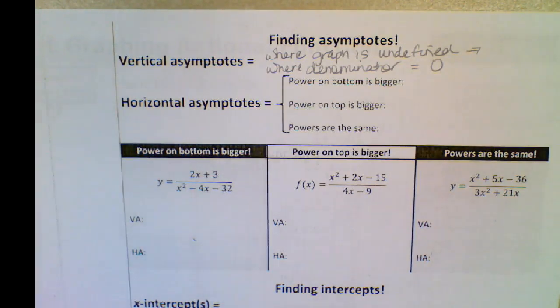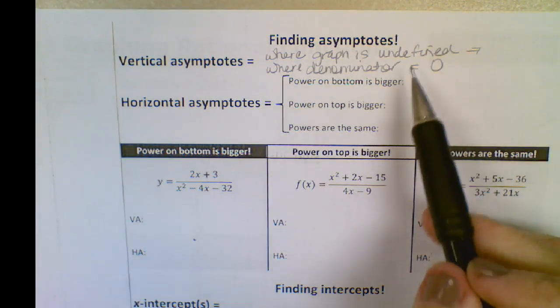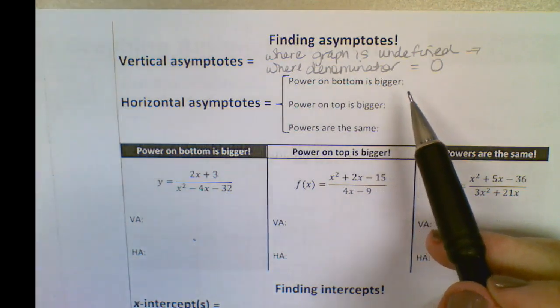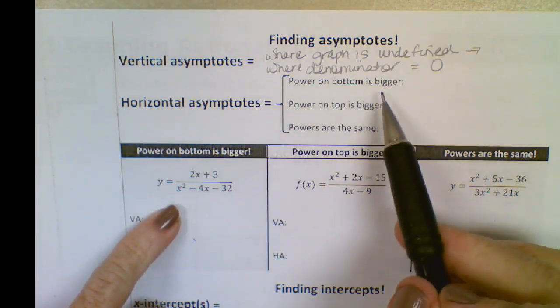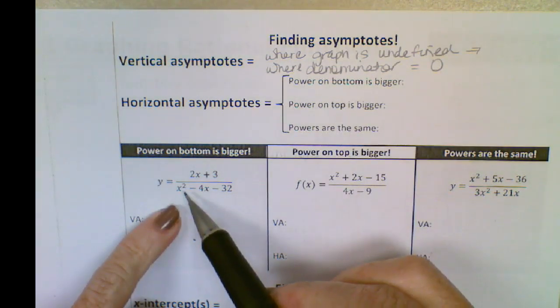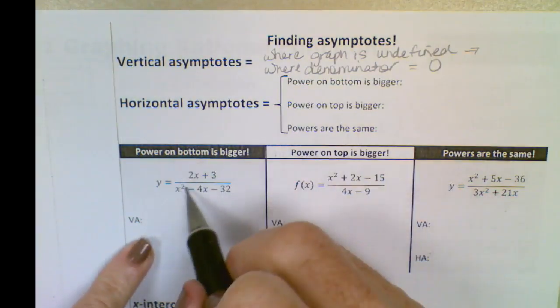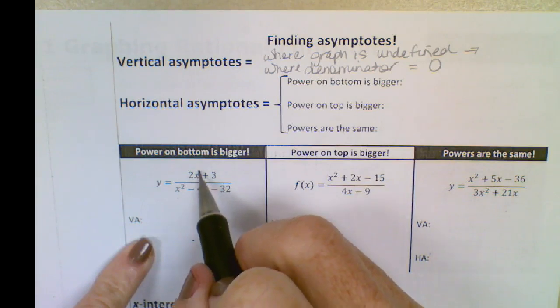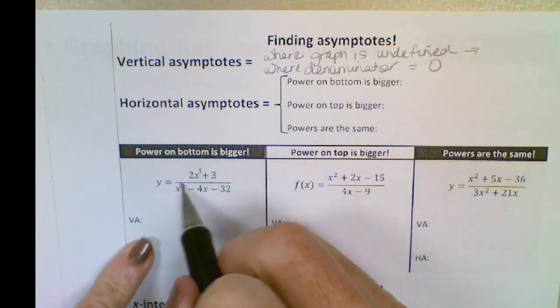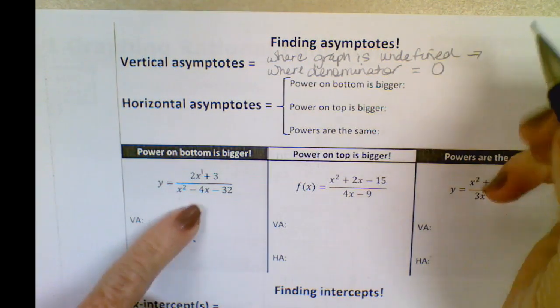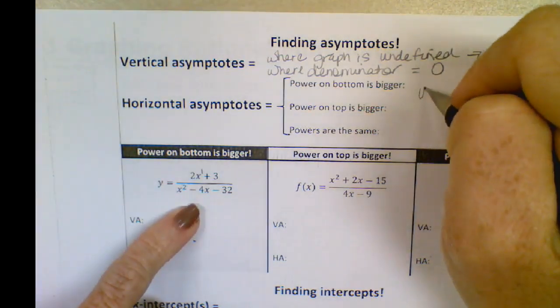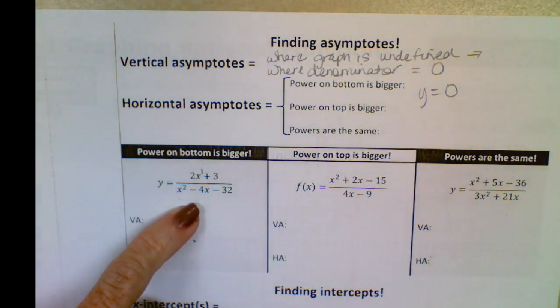Horizontal asymptotes are not quite as straightforward as that, but they're actually pretty easy. There's some rules to that. When I say power, we're talking about the degrees. So if we look at this, this is a first degree, second degree. If the power on the bottom is bigger, then your horizontal asymptote is always at y equals 0.